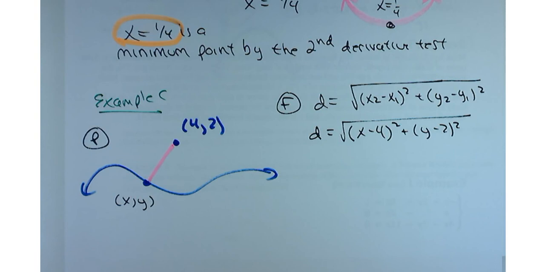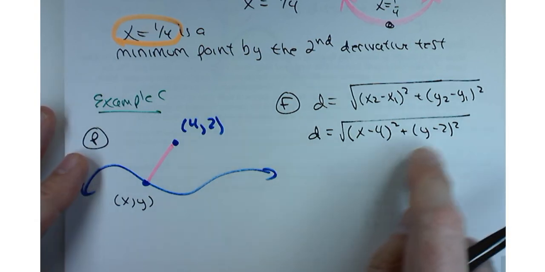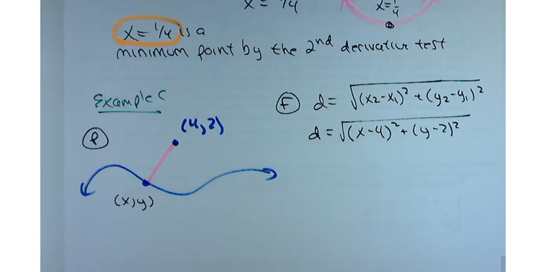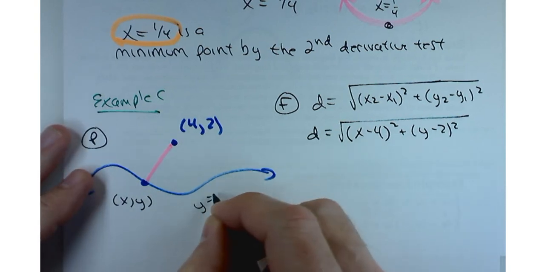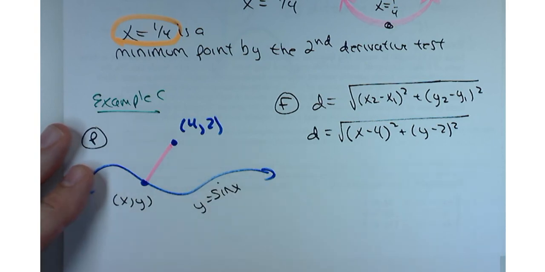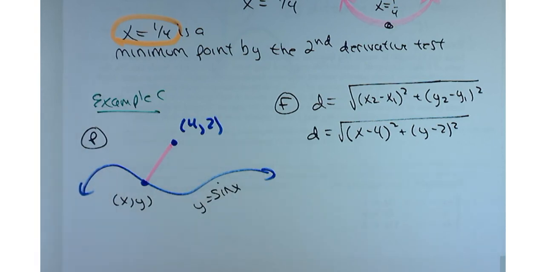Now there's a couple things I'm going to do here. First of all, let's figure out how to make this depend on just one variable. And I'm looking at this and realizing that, well, y equals the sine of x. Does that help me at all?